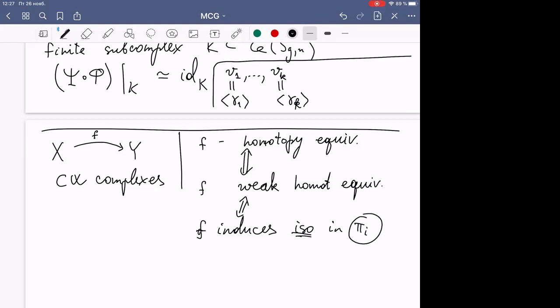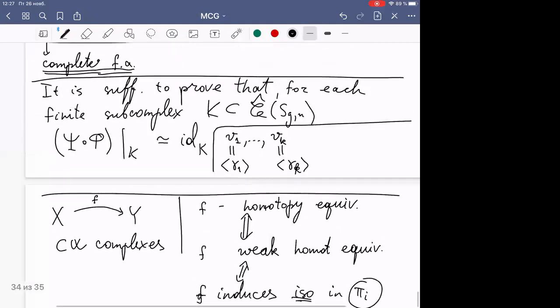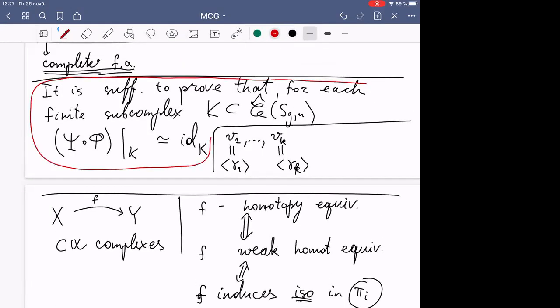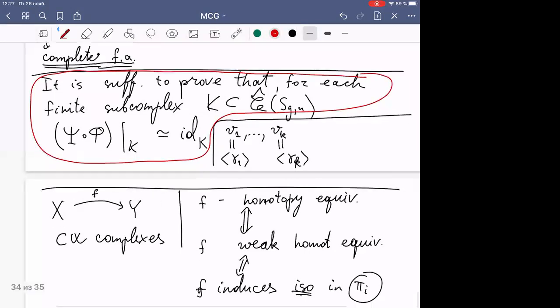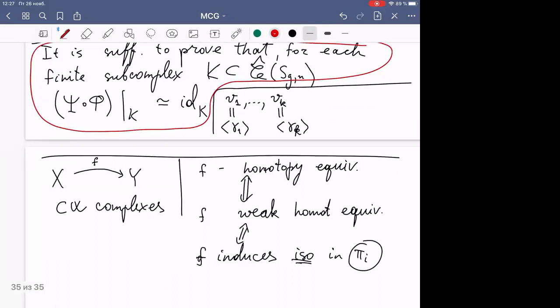And now if we prove this, then it will follow that, so we have this C hat, we have phi to C of S_{g,n-1}, and we have psi back.